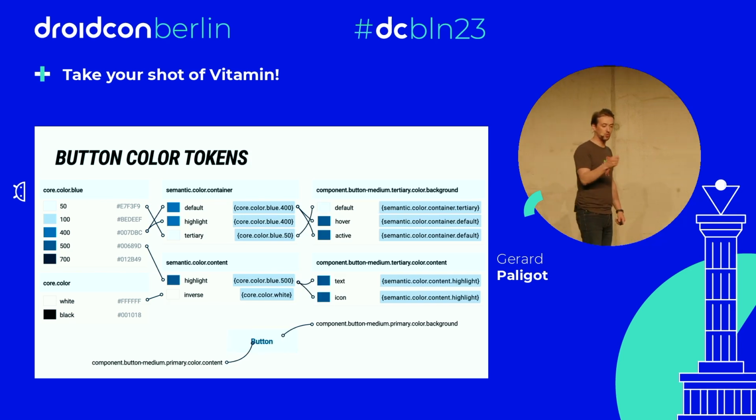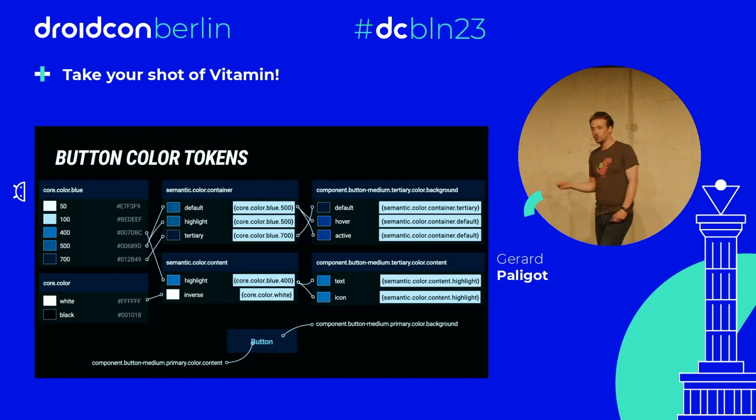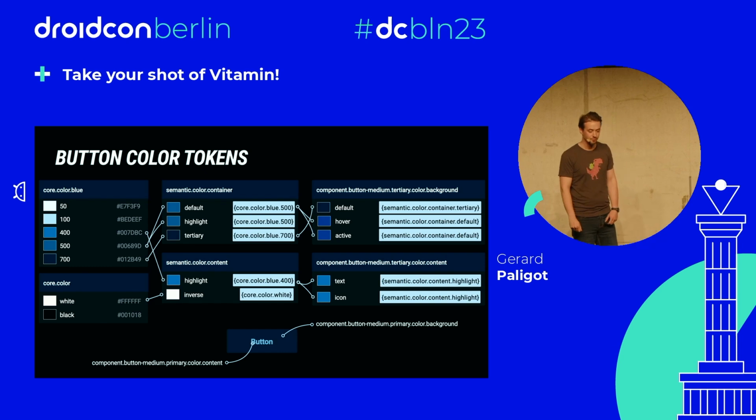So here I switch from the primary one to the tertiary one, and I have a new component. If I want to build a dark mode of this component, I just need to switch the association between core tokens and semantic tokens, and I have a dark version of my components.